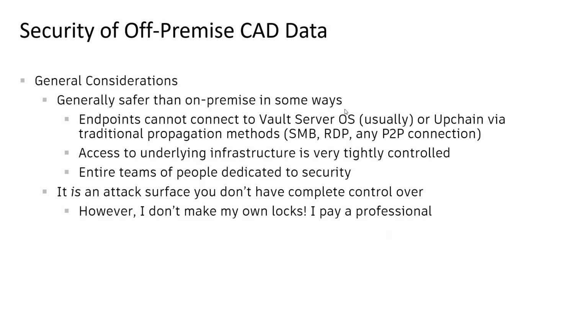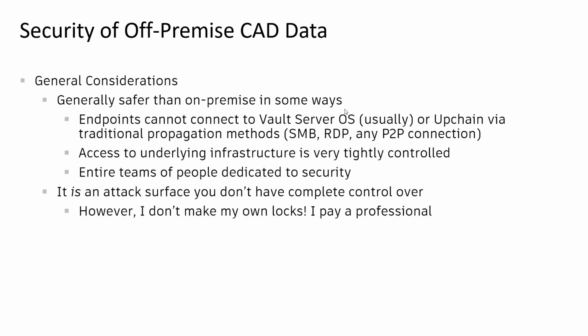Right? Now, it is, though, an attack surface that you don't have complete control over. You can't control AWS core security. You can't necessarily control Autodesk security. So that is one thing to worry about. But like I say here, I personally don't make my own door locks, right? I would buy that from a professional because they know what they're doing, and even have it installed by a professional because they know what they're doing.